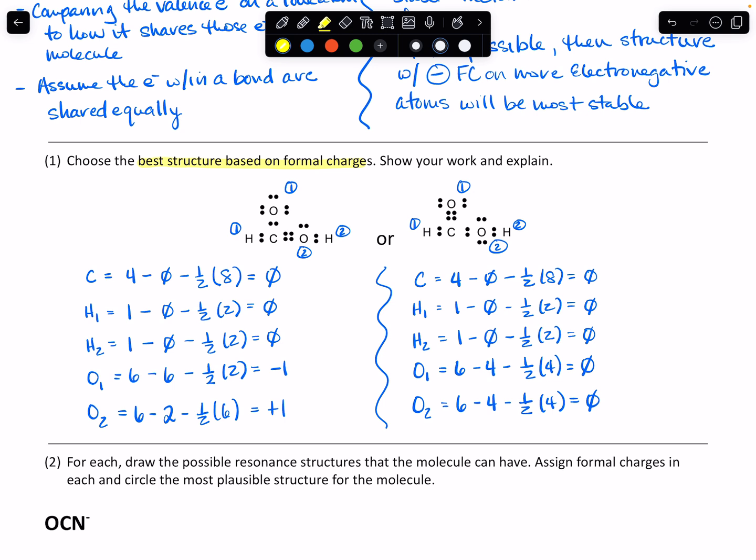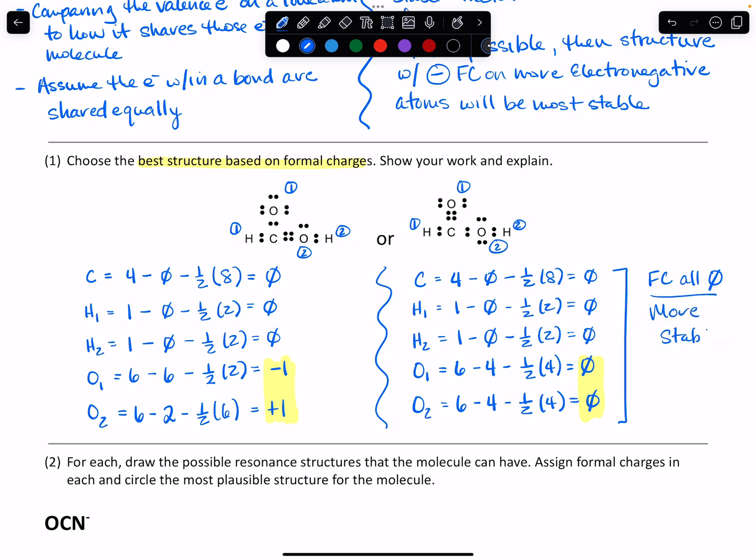If you look, you can see over here, oxygen has formal charges of -1 and +1, whereas on the other structure, zeros. Here we have formal charges all 0. This is going to be a more stable structure. If I were to draw this molecule, it would look like this.